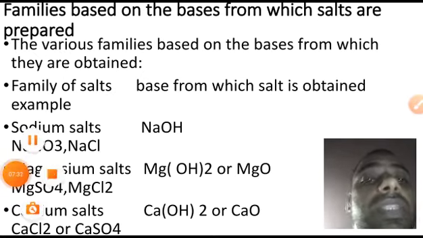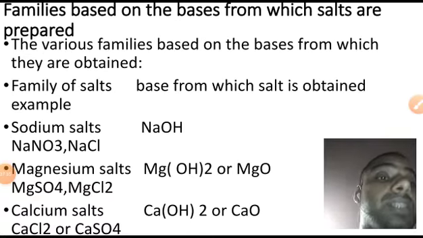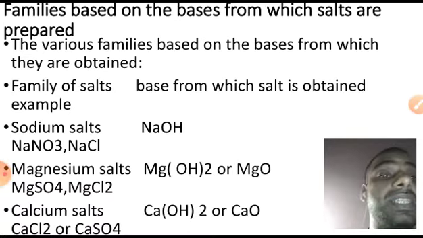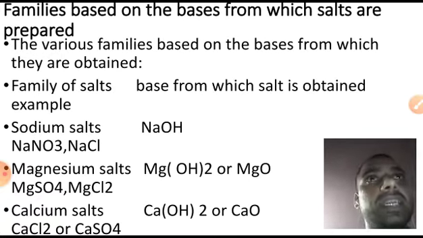Now you will see that here I have written families based on the bases. Earlier you were doing it on the basis of acids, discussing that this one is this type of salt. I had taken HCl, chloride salts; nitric acid, nitrate salts; sulfate. These all belong to the acidic salts, with priority given to the acid.